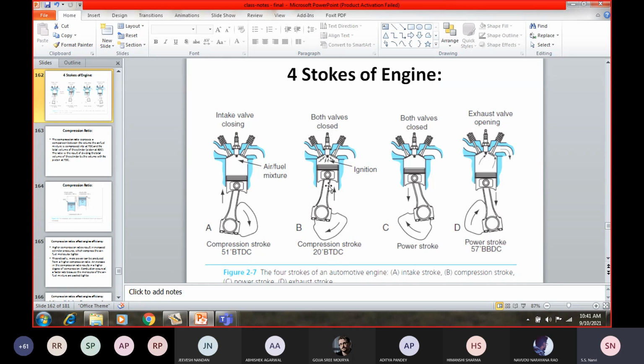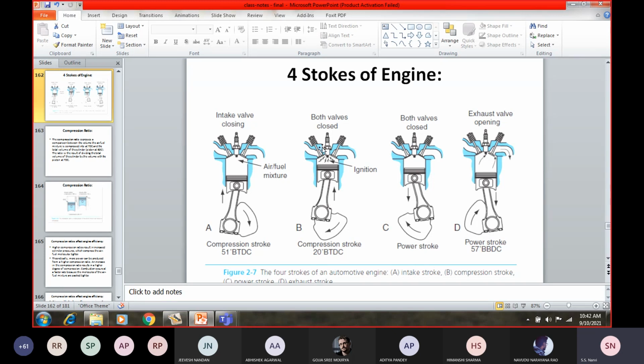Depending upon the compression ratio, the piston will move to the maximum because isooctane has a very good anti-knocking property. What does it mean? That it will not be ignited very easily, isn't it? And therefore, unless there is a spark from the spark plug, isooctane will not be ignited. So the piston will move to the maximum height here, the displacement will be large, and therefore the efficiency will be large.